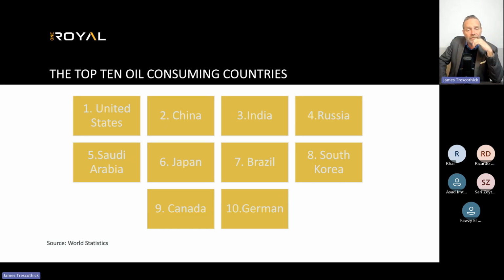So again, it affects prices. So not only do you have to be aware of the countries which produce the most oil, you also have to be aware of the countries who buy the most oil, because that can affect prices too, for obvious reasons.